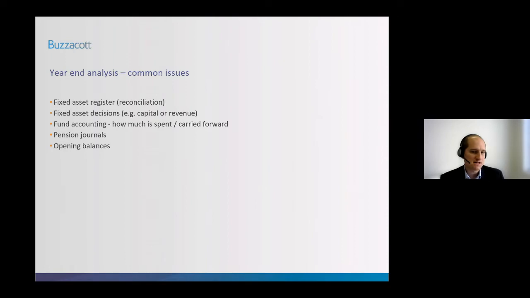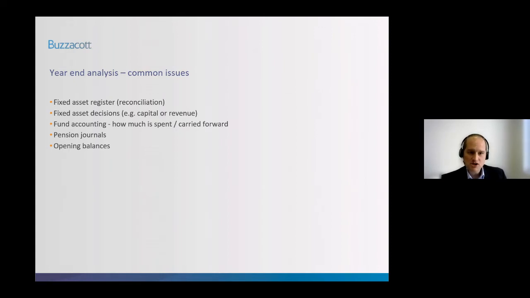So those decisions are really important to plan out, and may well be worth discussing with the auditor and the audit team prior to posting the journals to the accounting system, so everything's agreed up front on those key treatments. Fund accounting is probably the biggest area that can be challenging for the year-end accounts, so I've got a separate slide in a second to go through all of that.